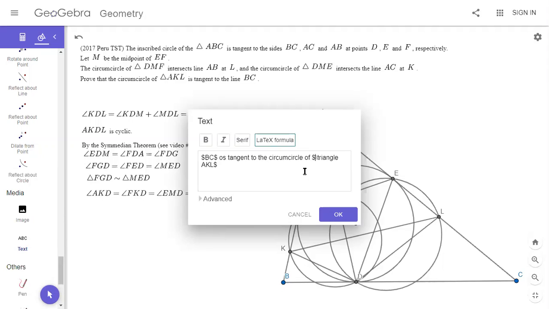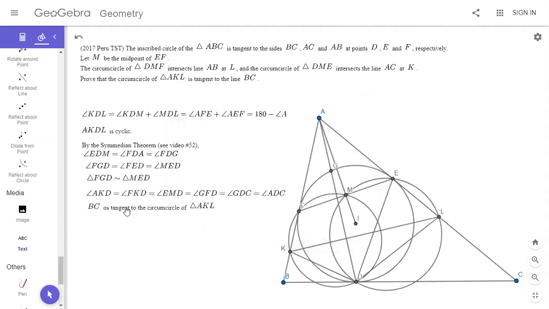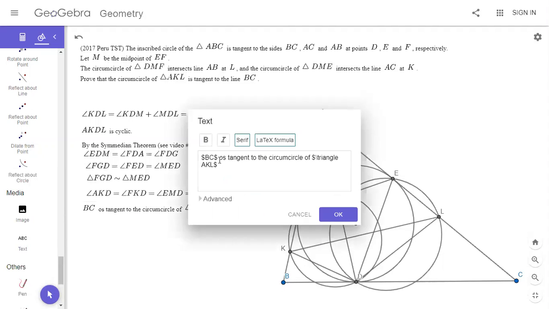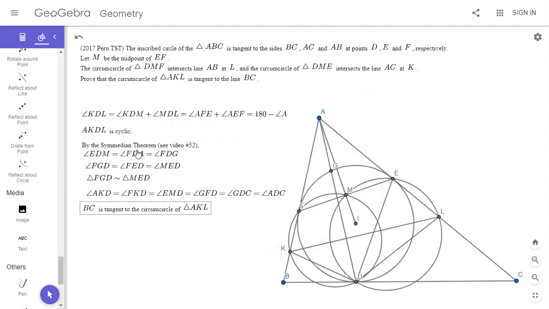So I don't know if I did this the fastest way or there's a better way to do it. Let me just think through this one more time. Okay, but I believe this solves the problem. So we have angle EDM is equal to angle FDA, which is FDG. Then also FGD is equal to FED is equal to MED.